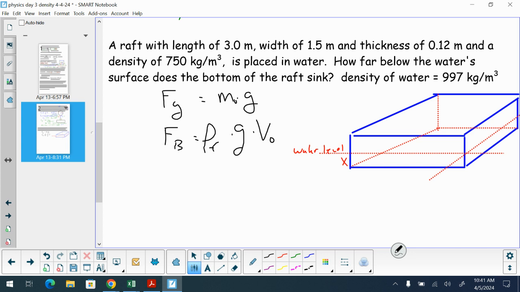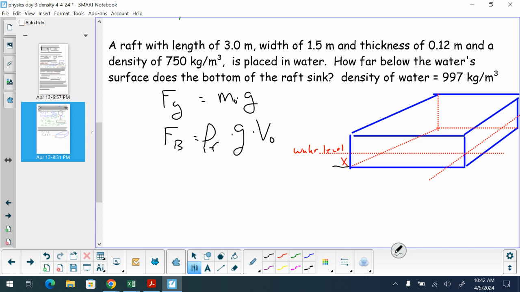But if you remember back, that's the volume of the object that's submerged, because when objects go down underneath, the water level rises. The weight of that water level rise is also equal to your buoyant force. So the only thing making the water level rise is the amount that is submerged in this raft.